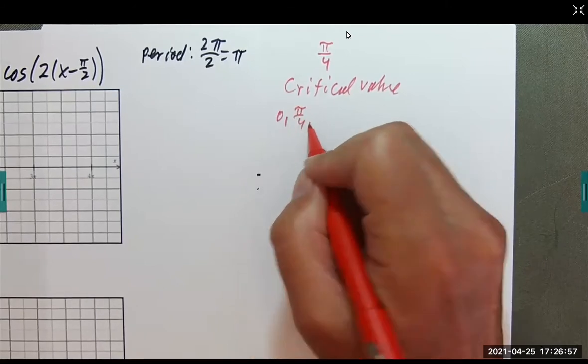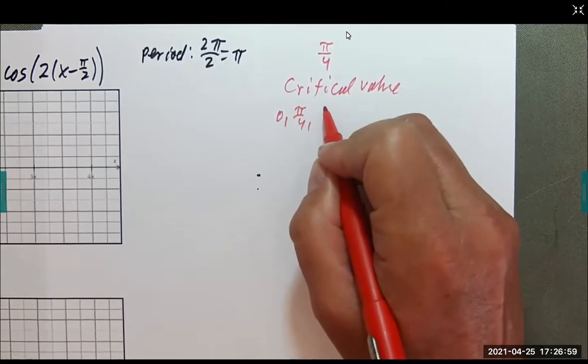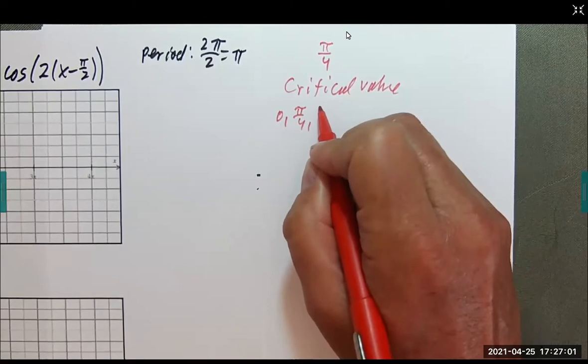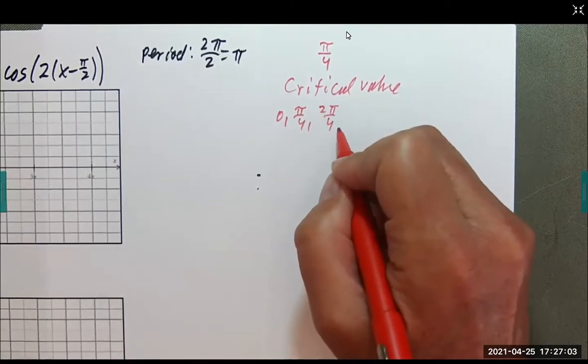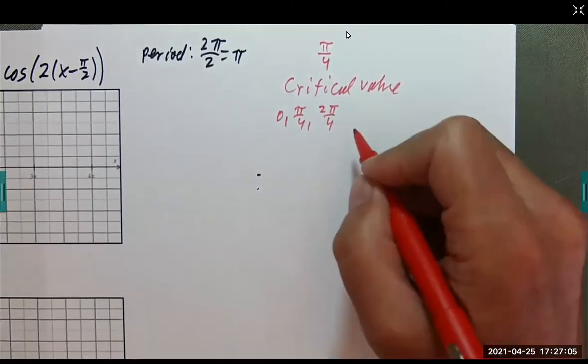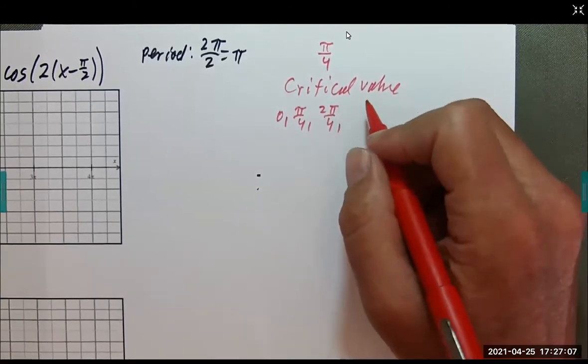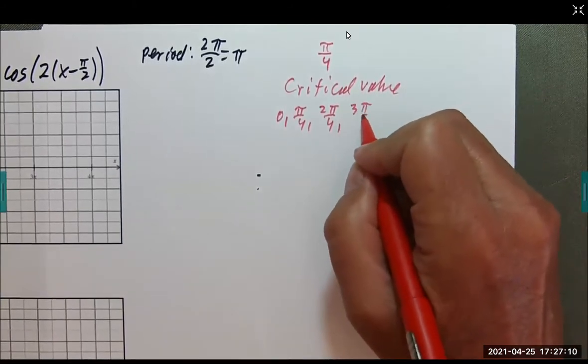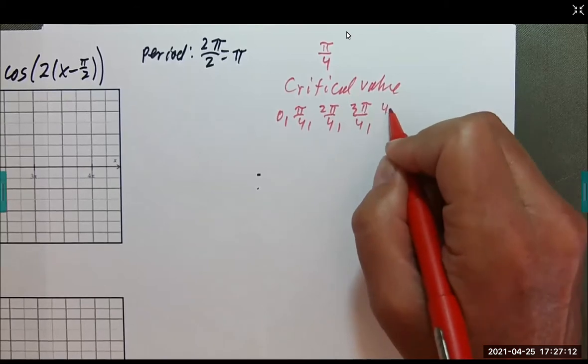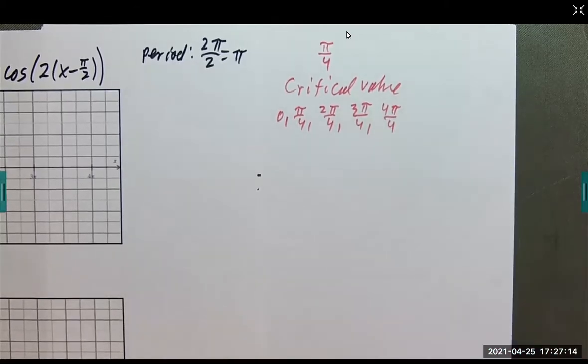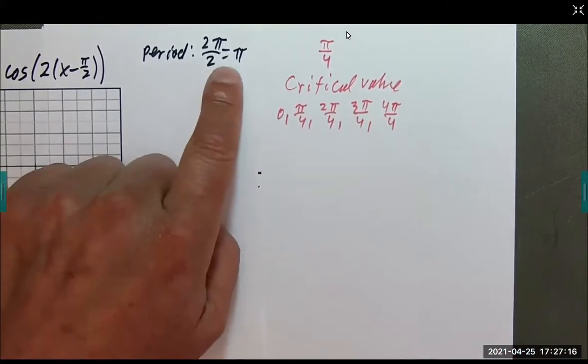Add pi over 4 to that. That's 2 pi over 4, which I know reduces, but for simplicity, we're going to keep it unreduced. You'll see why in a second. Then 3 pi over 4, then 4 pi over 4, which is just pi, right? Which is my entire period.